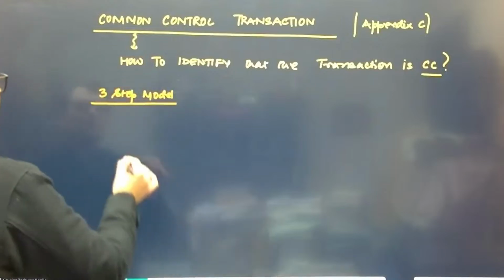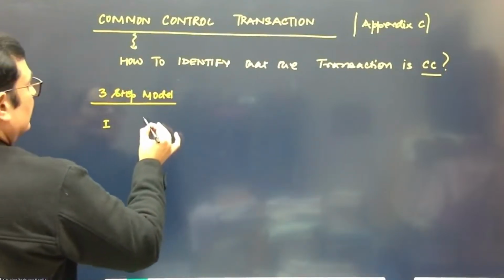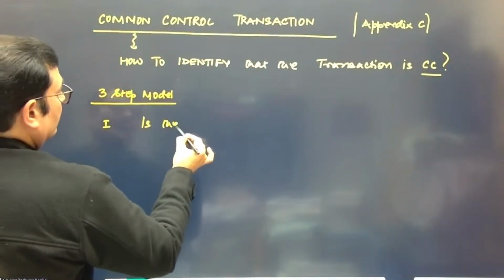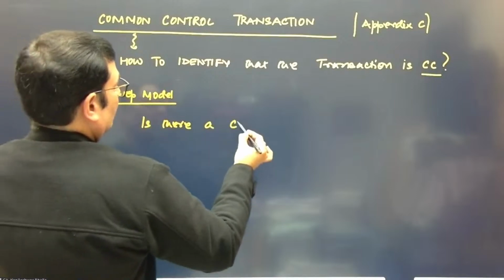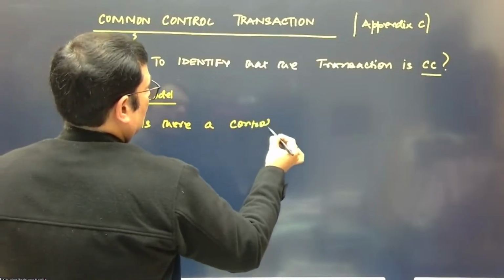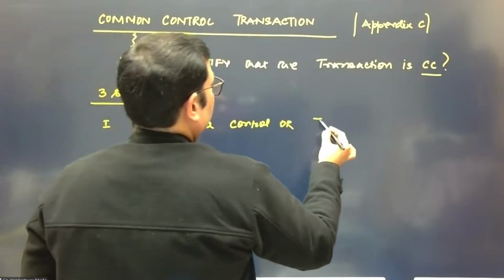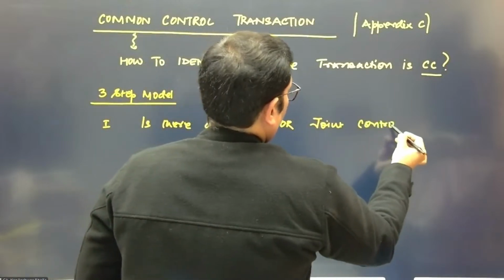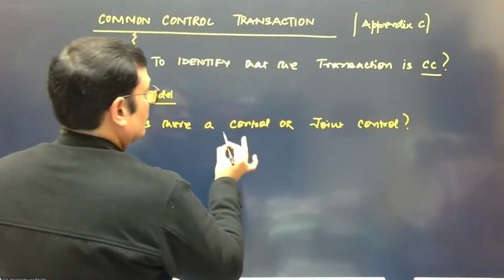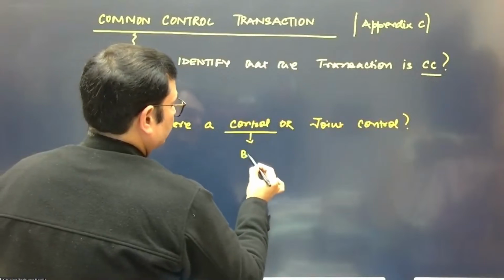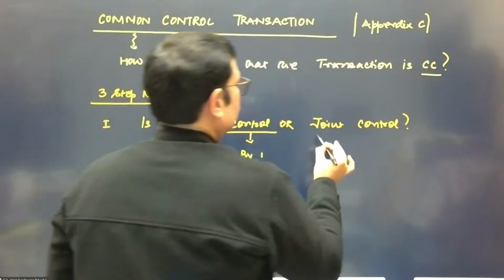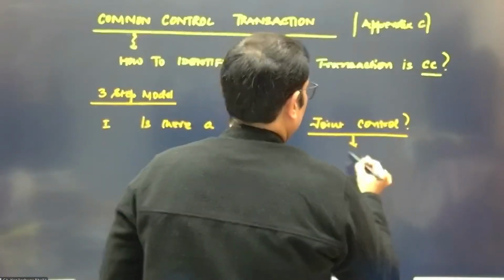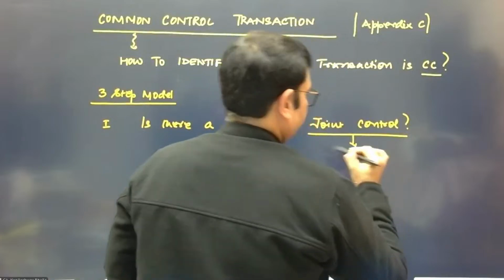Step number 1: is there a control or is there a joint control? Control means by one, and when I say joint control, it is supposed to be by more than one.